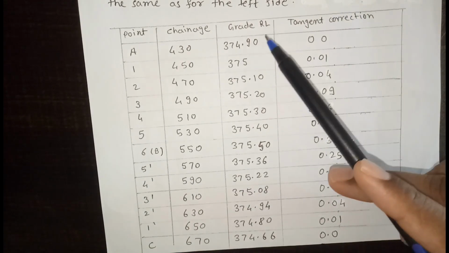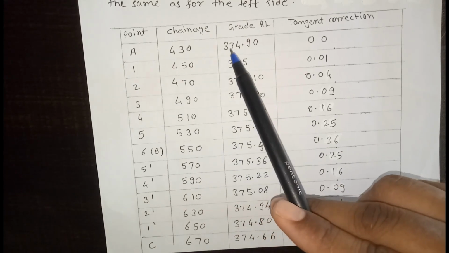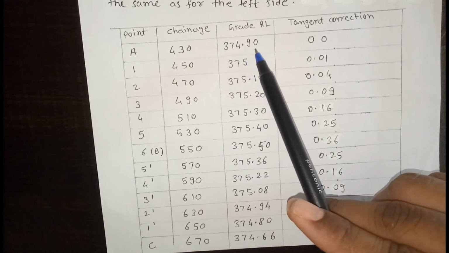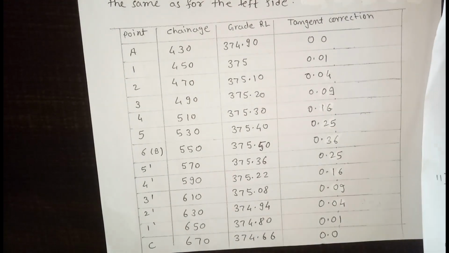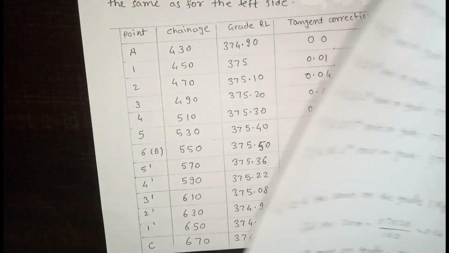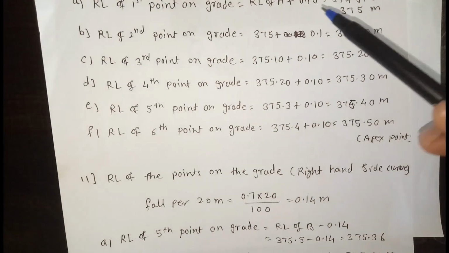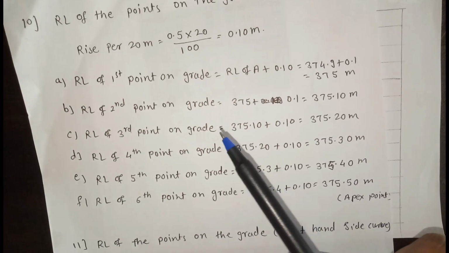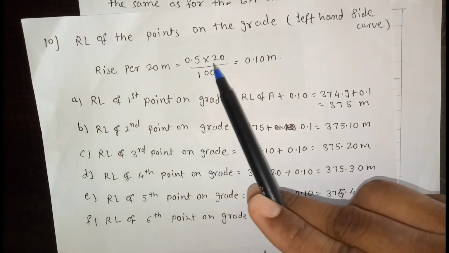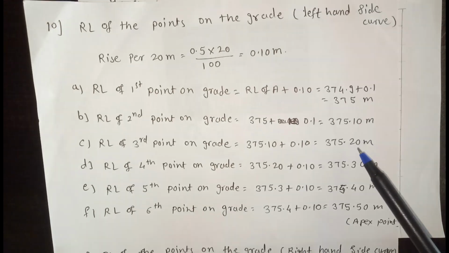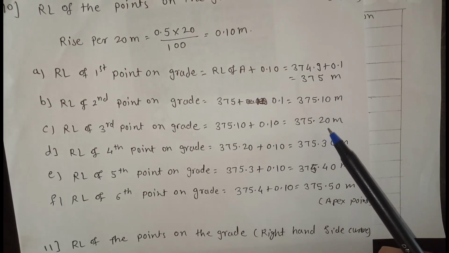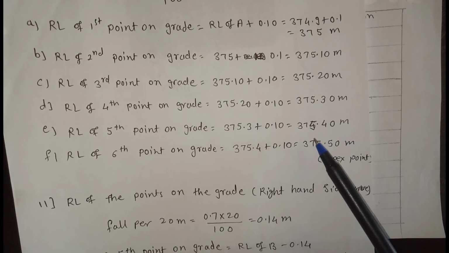The grade RL for the first point, A, is 374.90, then 375. These are the RL of points on the grade: 375.10, 375.20, 375.30, 375.40.